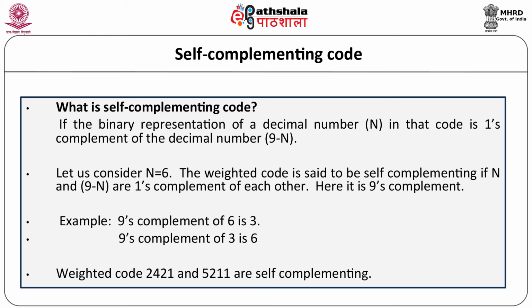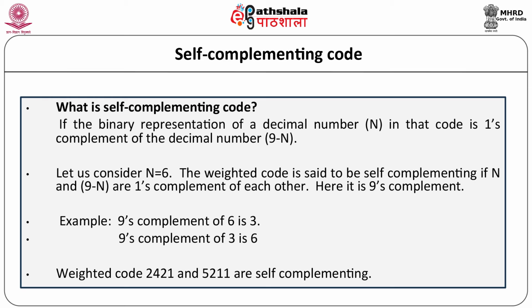Let us consider n as 6. The weighted code is said to be self-complementing if n and 9 minus n are one's complement of each other. Here it is 9's complement. Example, 9's complement of 6 is 3 and 9's complement of 3 is 6.